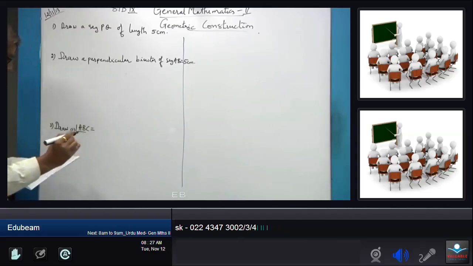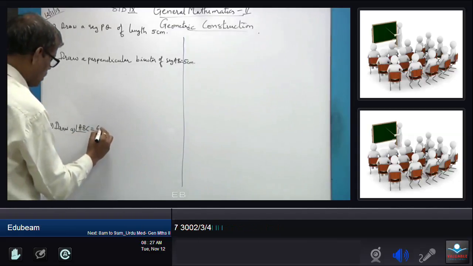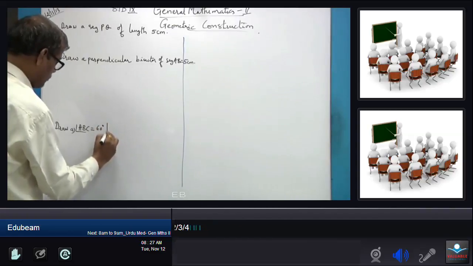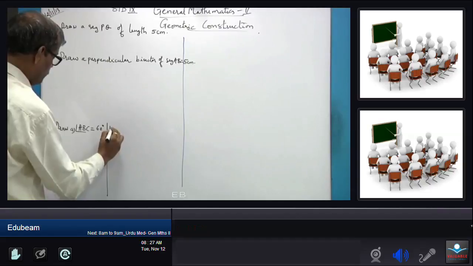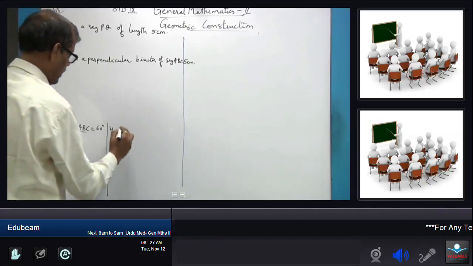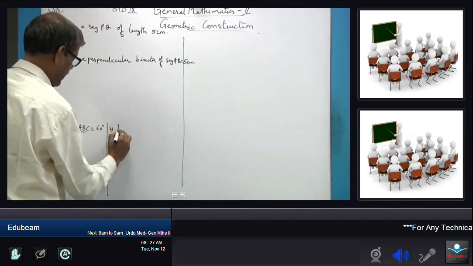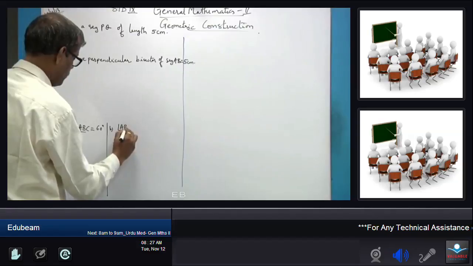Construct angle ABC congruent to angle PQR. I've written the 5 questions on the board.